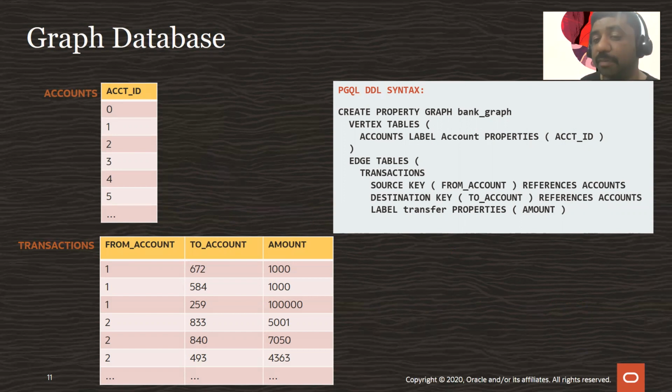The destination key will be the account which received the money, and the actual property will become the label of that particular edge. So it's very easy to convert traditional data residing in the database to its equivalent graph format by just writing a DDL query in Pgql or a JSON file.